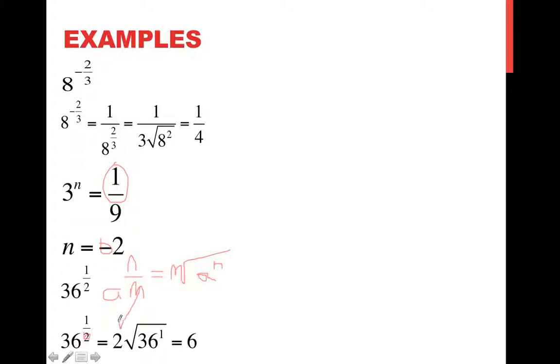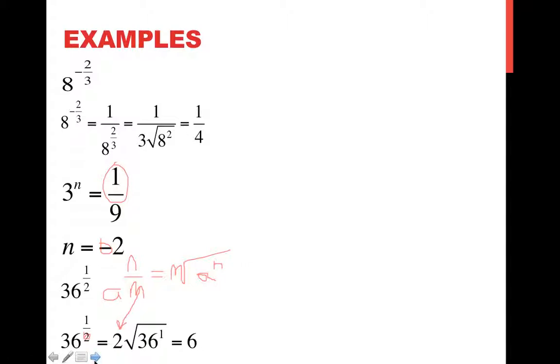So 2 is 2 there, then 36, which is our I number here, then 1, which is n here. So 36 to the power of 1 is just 36. Then the square root of 36 is 6. Now don't be fooled by the 2, it just means square root, so don't be worried. Because 6 times 6 is 36, so there you go.